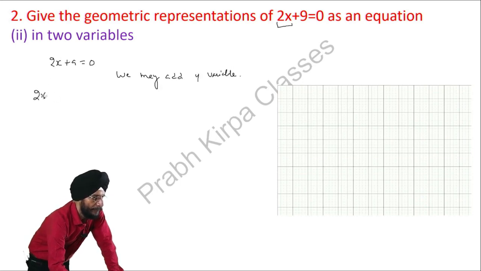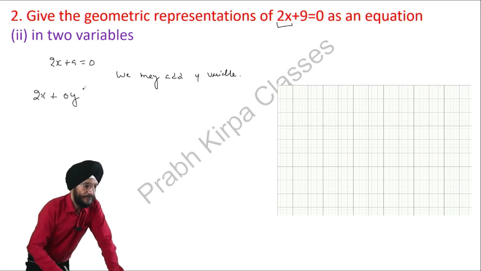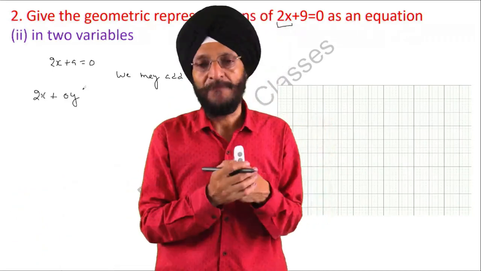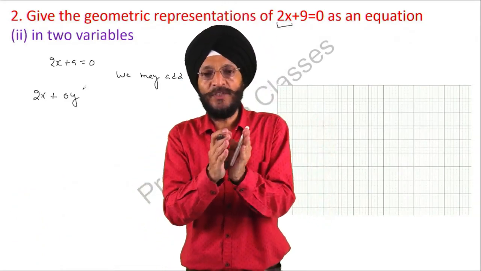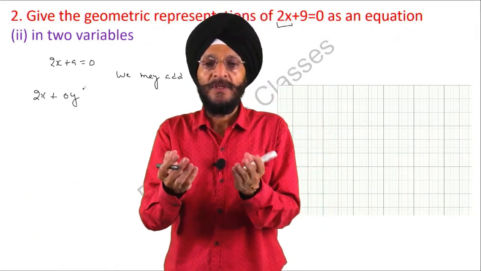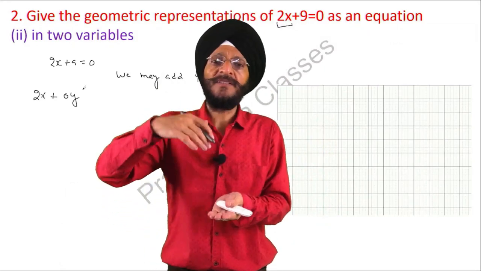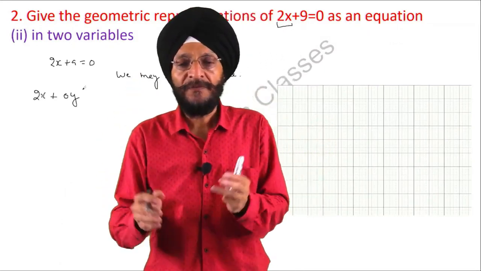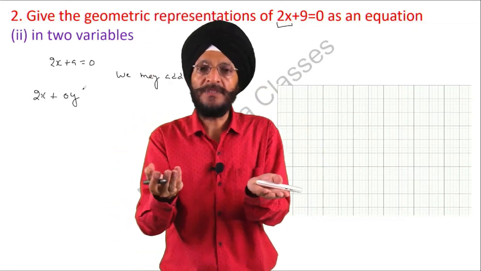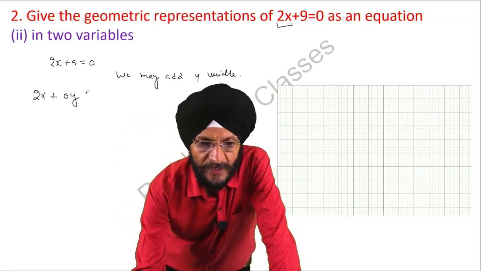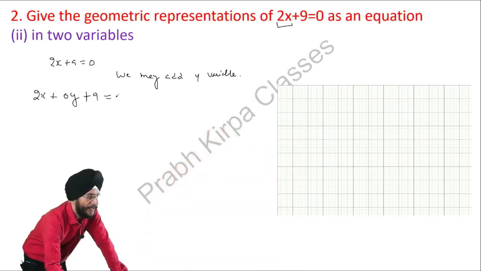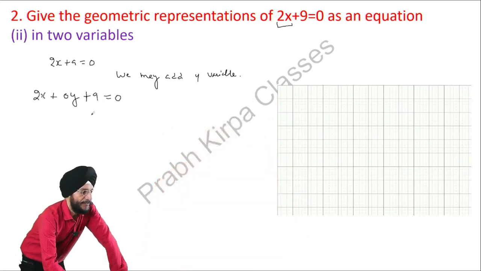How will we add? We will take 0y, because even if the value of y is say 5, when it is multiplied with 0, it becomes 0. Even if the value of y is somewhat more, say y is 20, when multiplied with 0, it becomes 0. So it does not affect the equation at all.